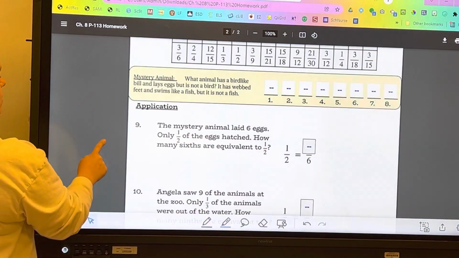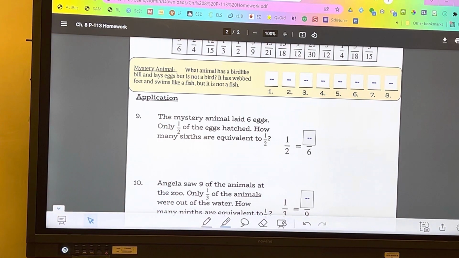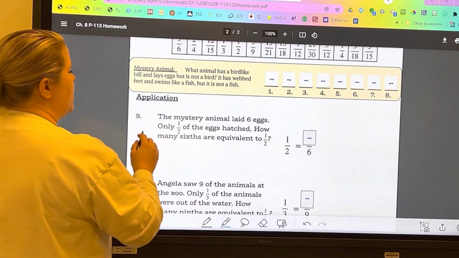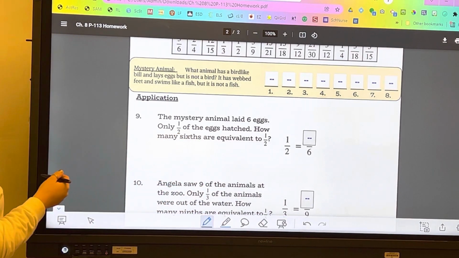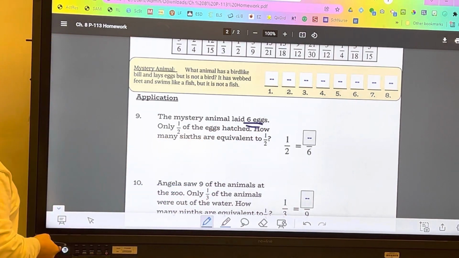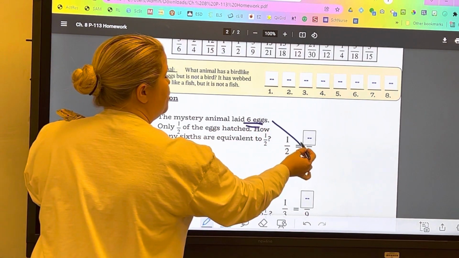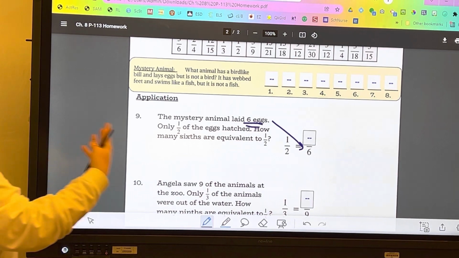Okay, so down here at the bottom, now mine looks a little different, but it's the same thing. The mystery animal laid 6 eggs. Only 1/2 of the eggs hatched. How many out of 6 are equivalent to 1/2? Well, now, they said that my total number of eggs was what? 6. So my denominator should be 6, but they said half. Anytime they tell you something different than what they've given you, see how it changes.